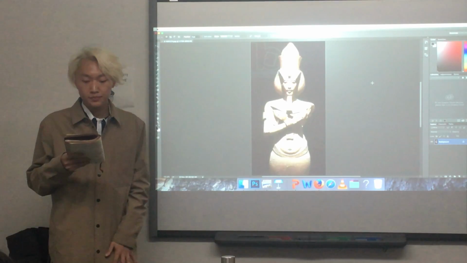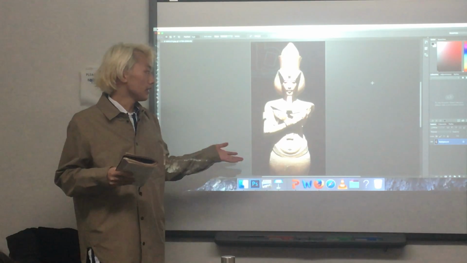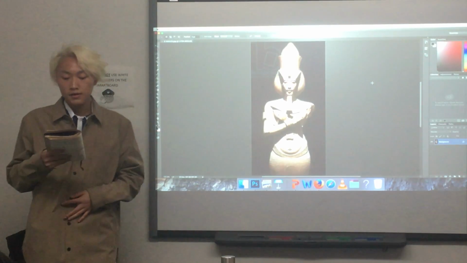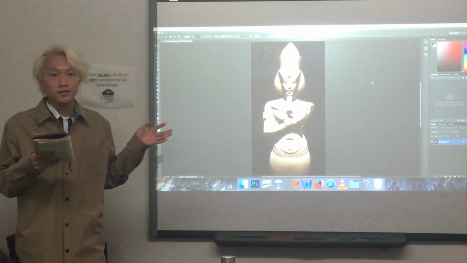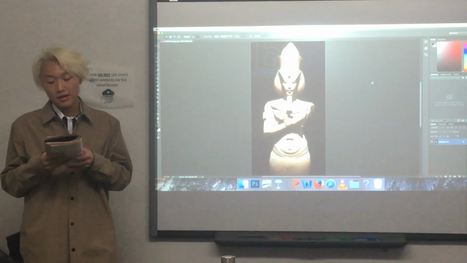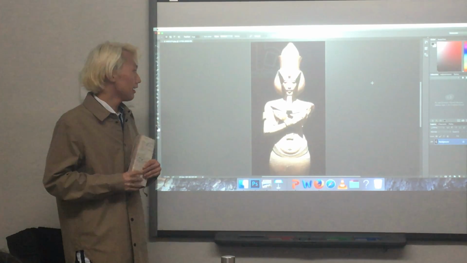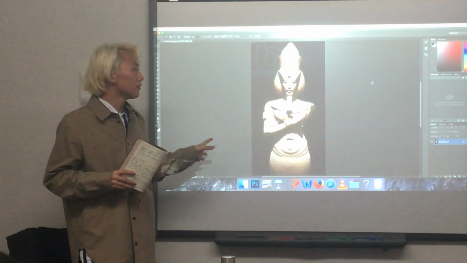And because he believed in Aten, the artist showcased the pharaoh as Aten, the sexless sun disk.